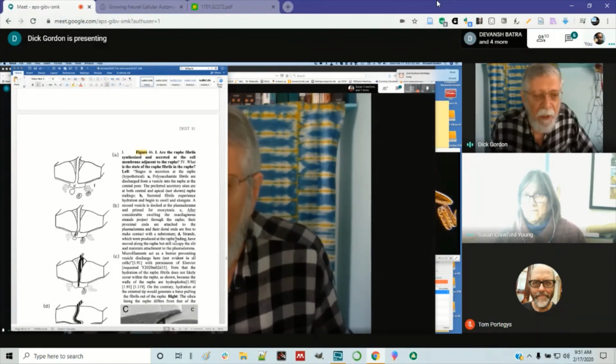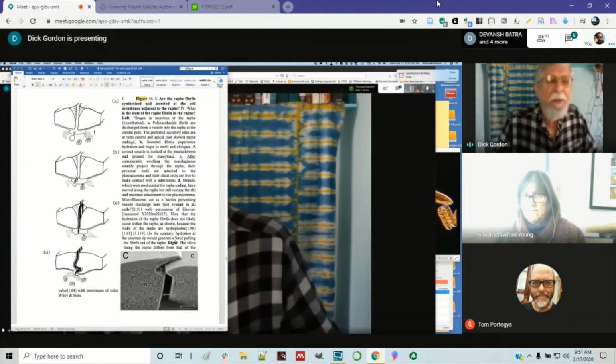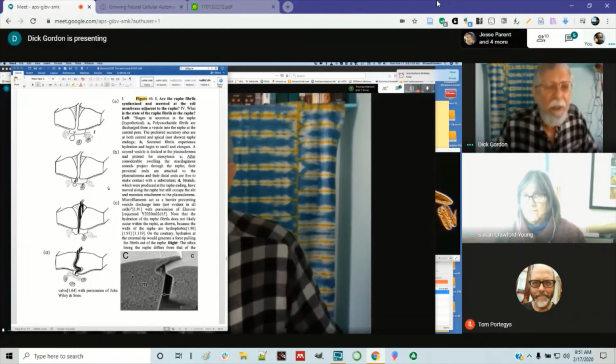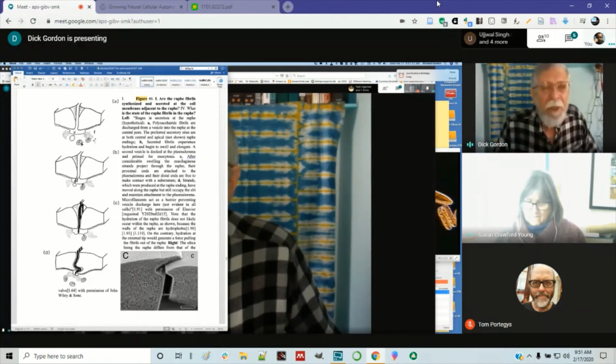Okay, now time to get to directionality. Here's some stuff on directionality. One hypothesis is that these microfilament bundles block the vesicles containing the raphe material from getting to the raphe except at the ends.